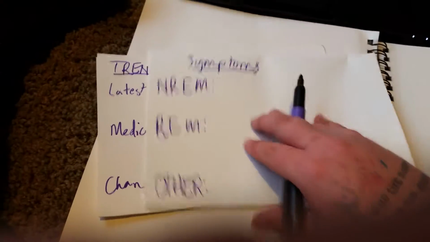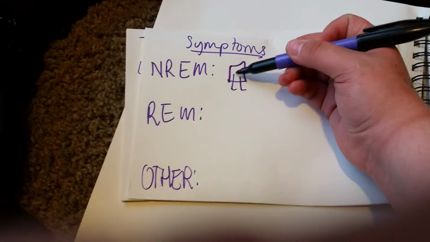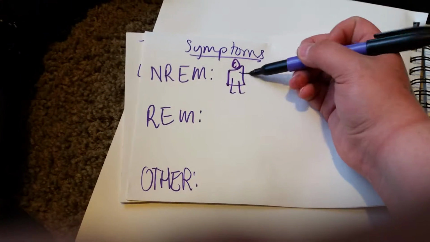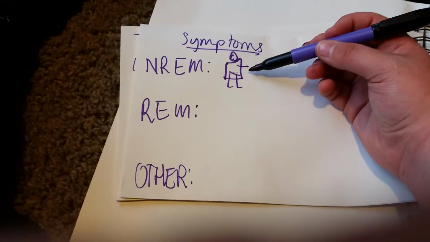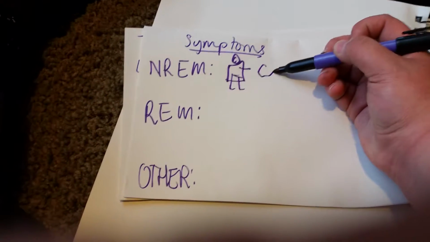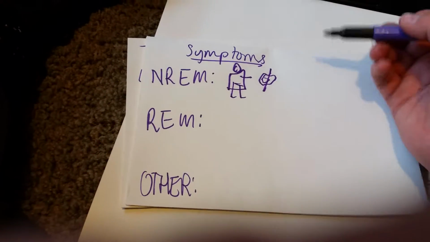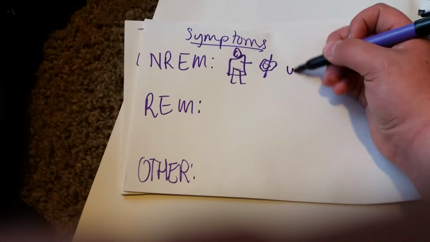Some symptoms of different parasomnias, like sleepwalking, are getting up from bed and walking around with no recollection, and can be confused or possibly violent if woken up.